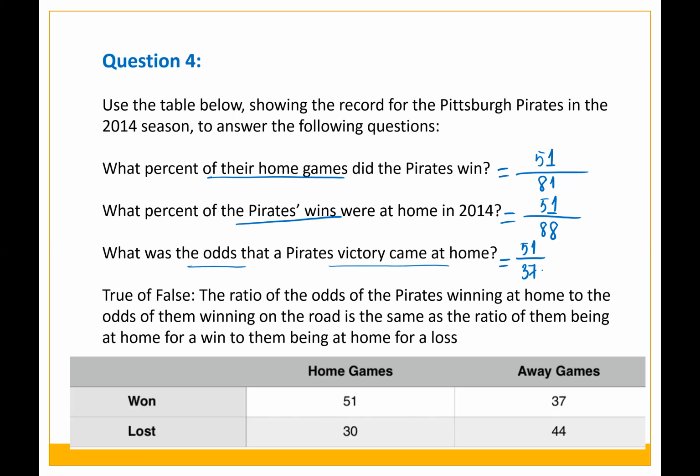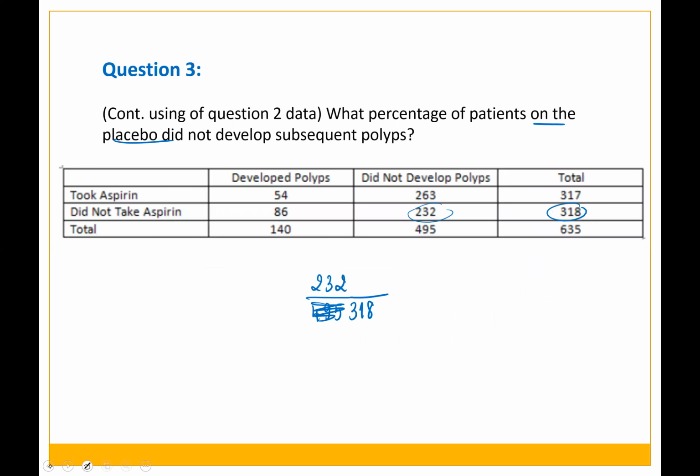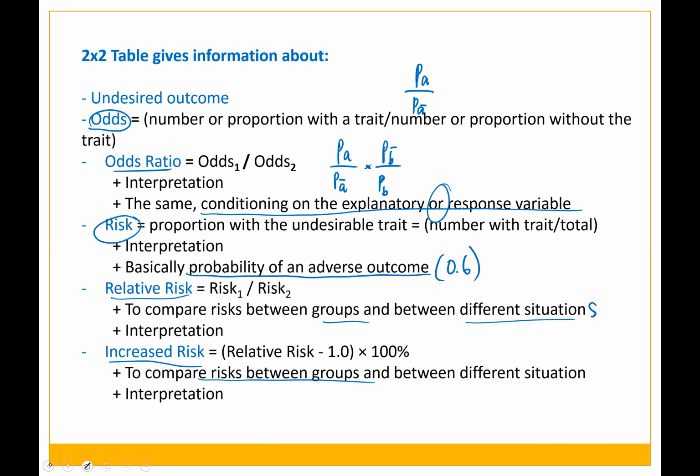Now, it's asking the last one. The third question is a little bit challenging because people might think about the proportion of that outcome. Let's see what the odds is again. Give me a second. We can come back to the definition.